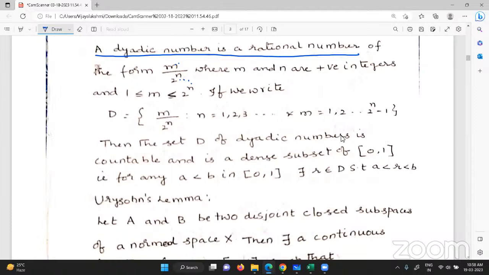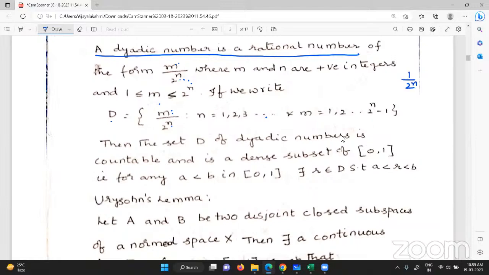So here we define D, the set of all dyadic numbers, of the form m by 2 power n, where n is 1, 2, 3 and so on up to infinity. Where does m come from? m is 1, 2, 3. For example, take m by 2 power n. If n is 1, you will have only 1 by 2.